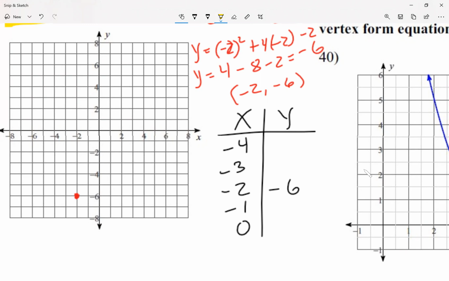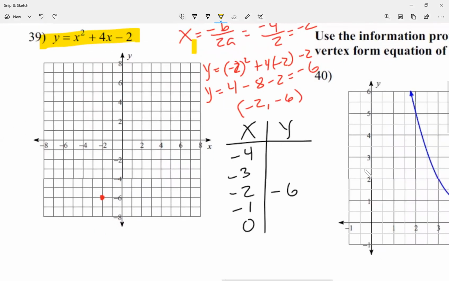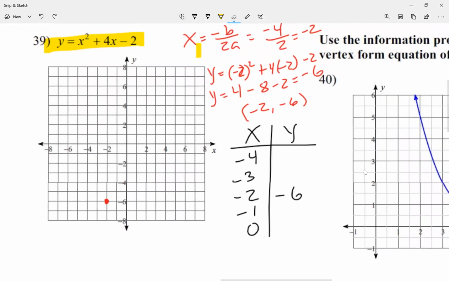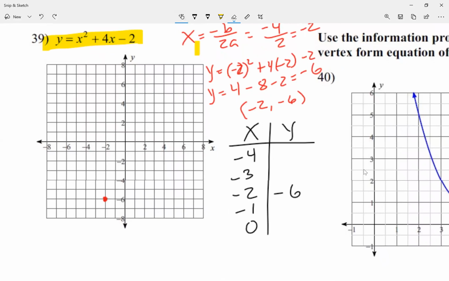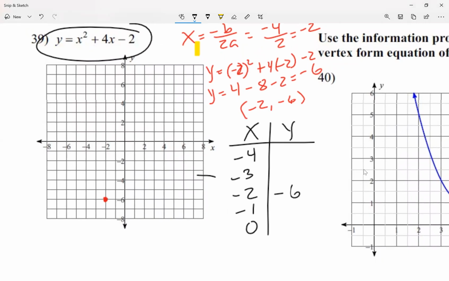Okay, so I'm going to find two more points using the equation, and when I say the equation, I'm looking at this: y equals x squared plus 4x minus 2. I can either use negative 3 or negative 1. I'm going to get the same answer, so to be honest, it doesn't matter. In my case, I'm going to use negative 1.